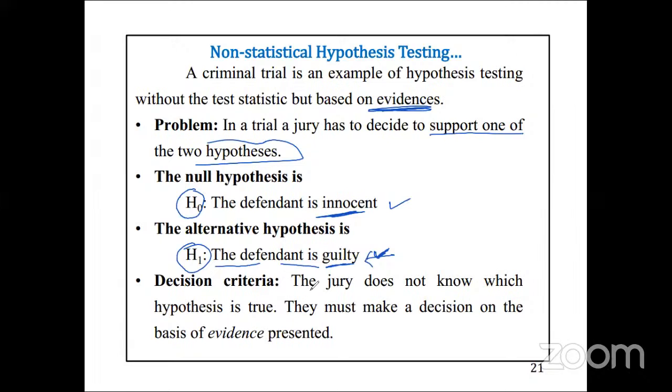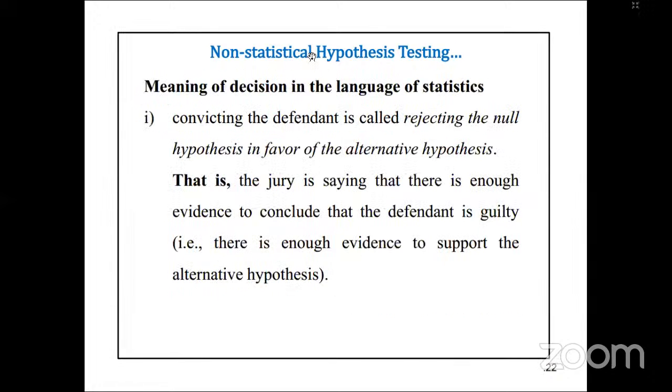Now, what is the exact scenario at that time? The jury does not know which hypothesis is true, because the defendant can be innocent, or can be guilty. So the decision is to be made based on the evidence presented in court. Now look at the decision.